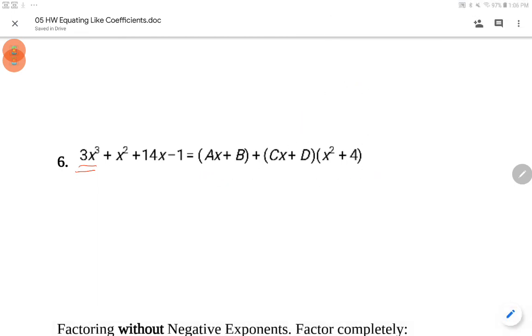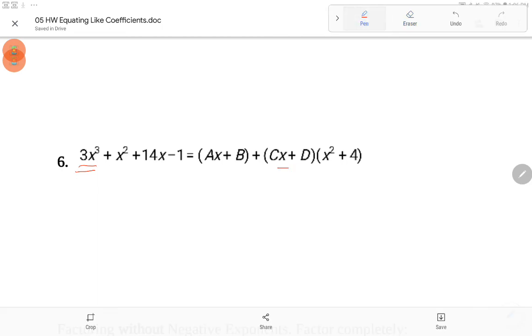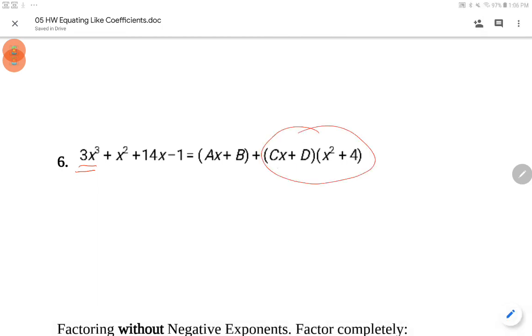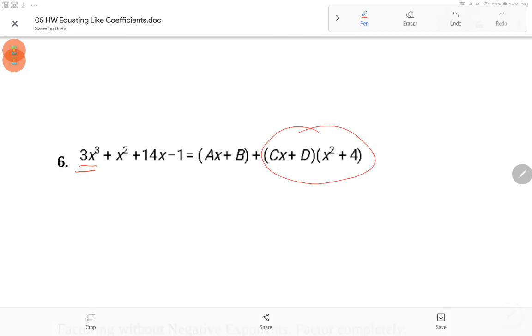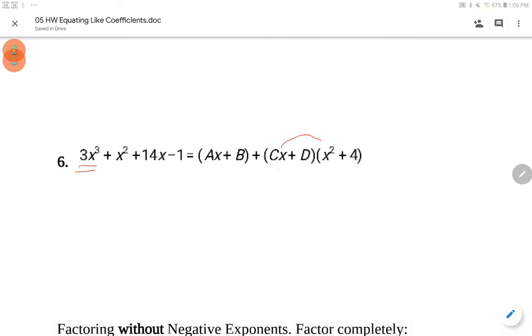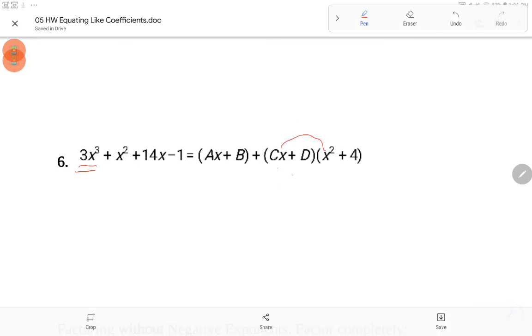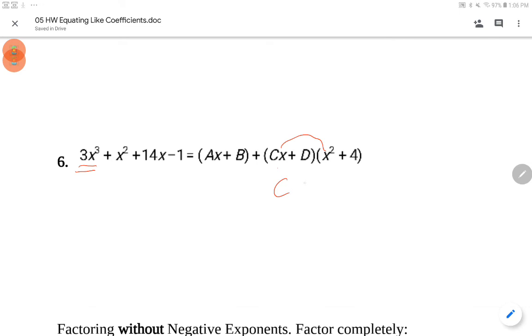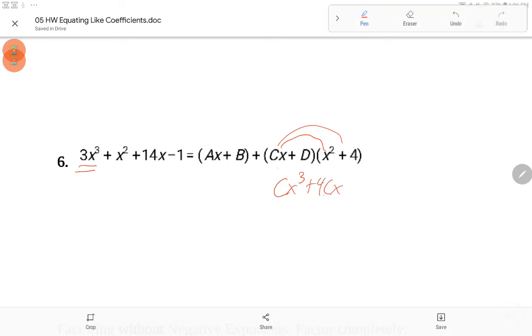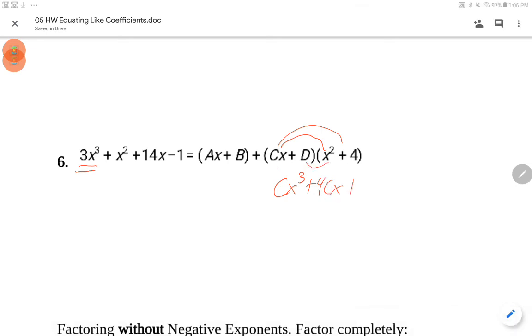However, if you were to multiply this part out right here, then you're going to get the x cubed term. Notice if I multiply here to there, I get c times 1, which is c, x times x squared, which is x cubed, and then I'll distribute from here. That would be 4cx, this would be dx squared, and this would be 4d.